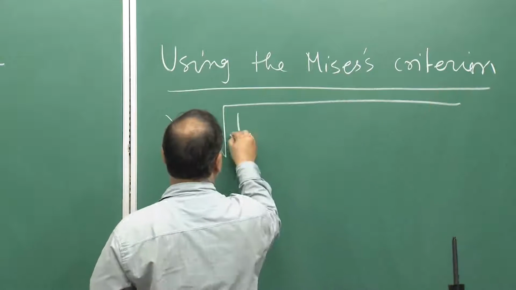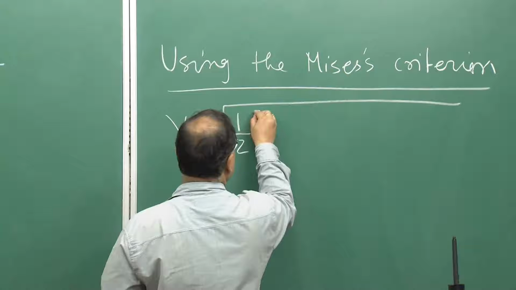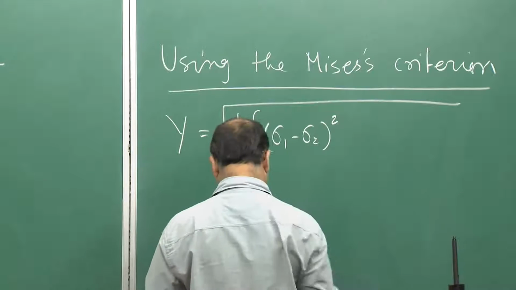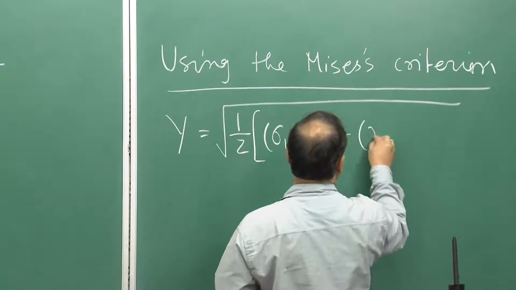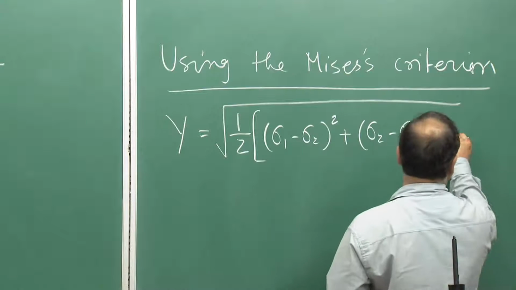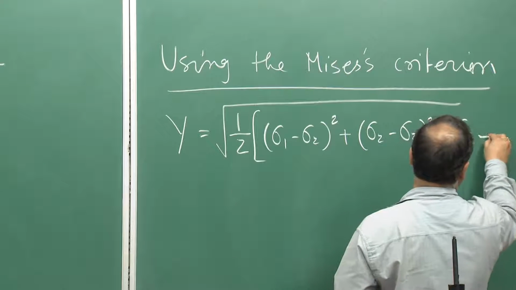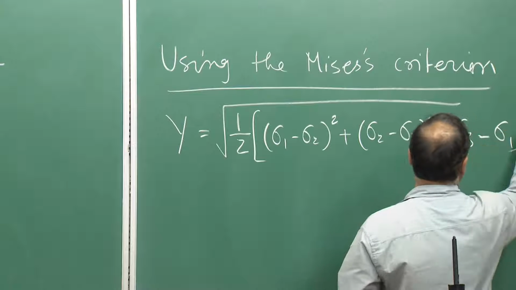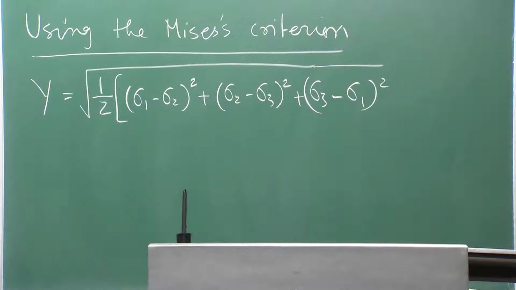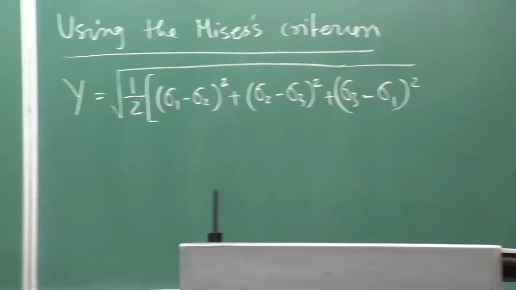Already we have derived that: half of sigma 1 minus sigma 2 whole square plus sigma 2 minus sigma 3 whole square plus sigma 3 minus sigma 1 whole square. Already we have seen that. This is your von Mises criterion.